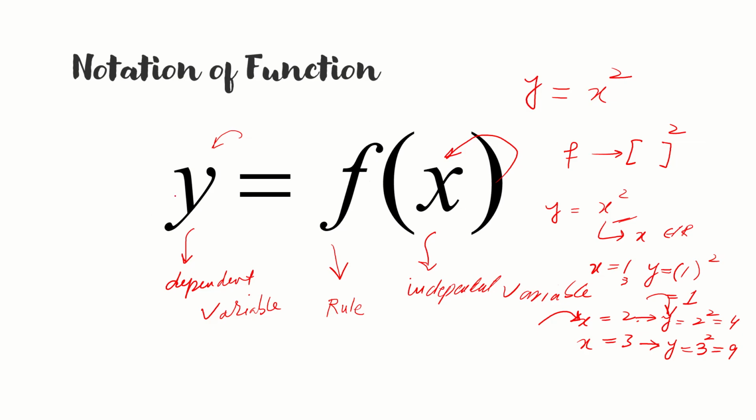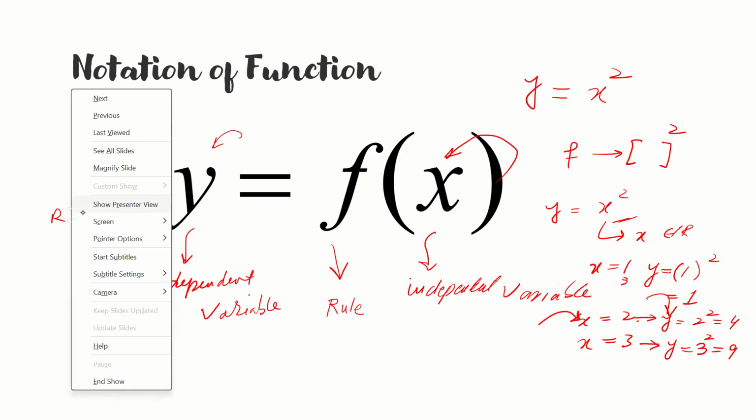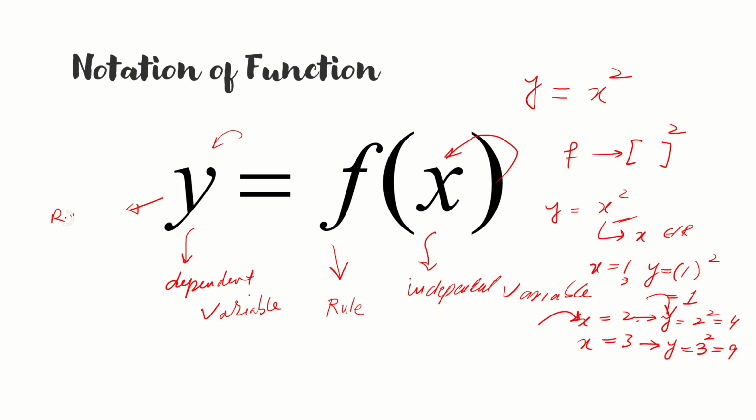There are some other names used for them as well. We call y the range variable, whereas the corresponding x will be known as the domain variable. We can call y our output, whereas x will be termed the input.